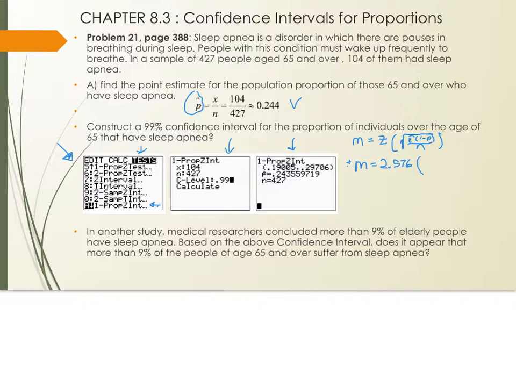And now we have the square root of p hat, which is 0.244, times 1 minus 0.244, which is 0.756, divided by 427.